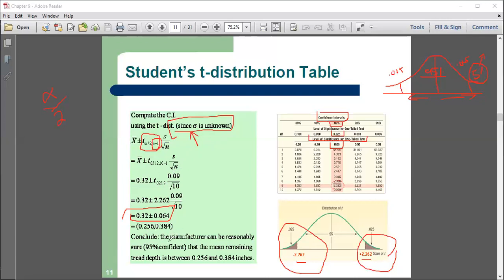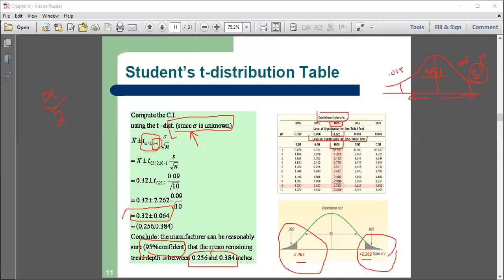So we can conclude that the manufacturer can be reasonably sure, 95% confident, that the mean remaining thread depth is between these two points.